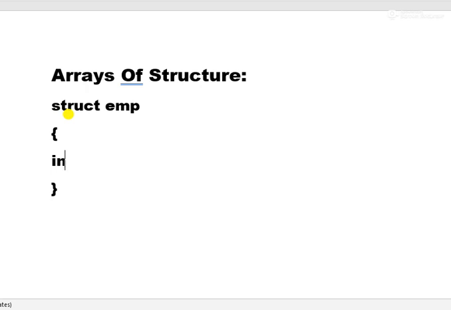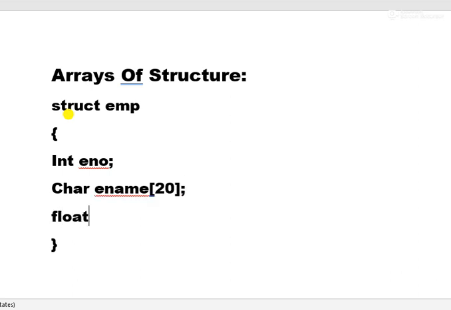I'm taking integer e number, employee number, then character e name 20. Then I'm taking float e sal, that means salary, so all should be in small letters.